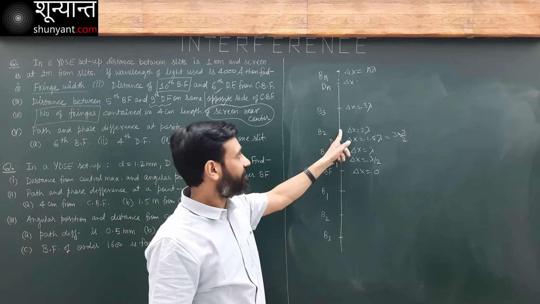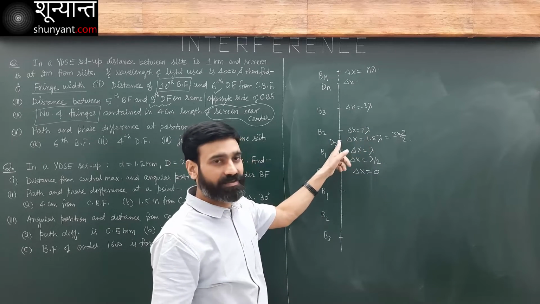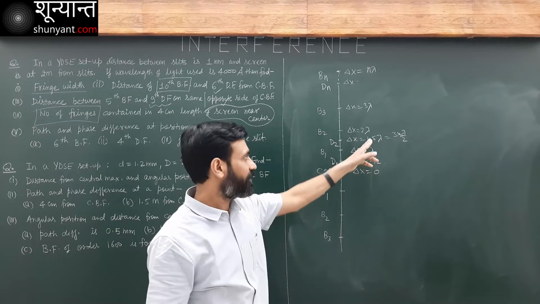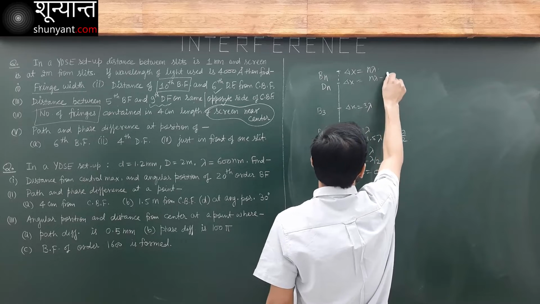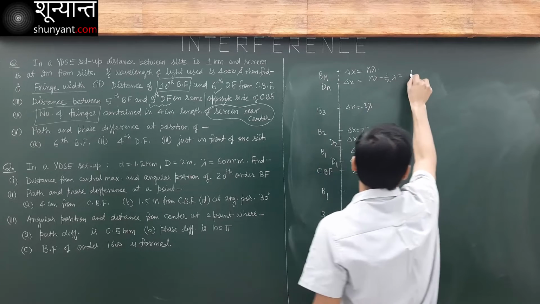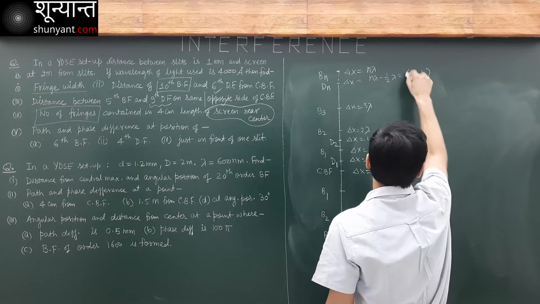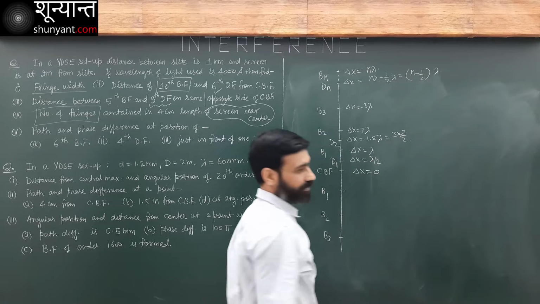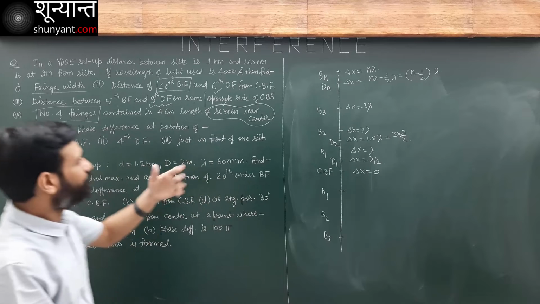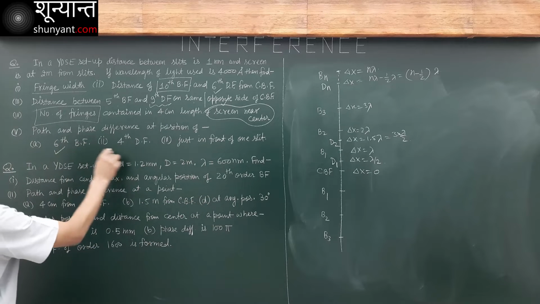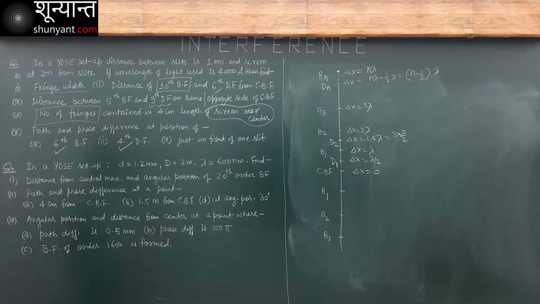Second bright fringe 2 lambda, second dark fringe 2 lambda minus half lambda, 1.5 lambda. So this will be equal to n lambda minus half lambda, that is (n minus half) lambda. Now we can directly find path difference.